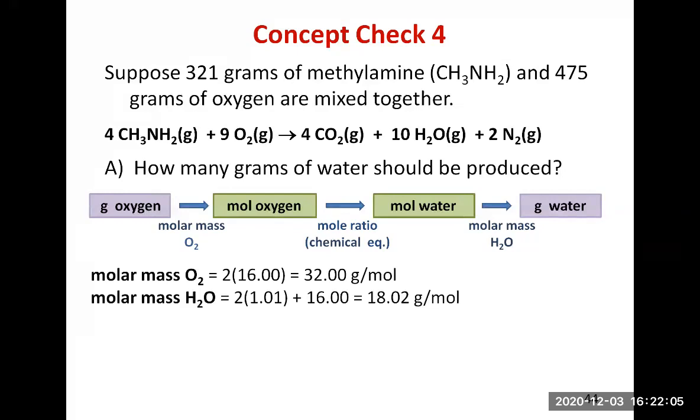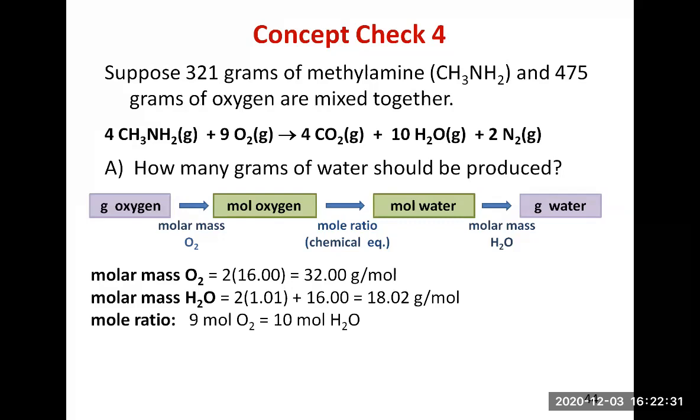Molar mass of water, we know already it's 18.02 grams per mole. And then the mole ratio. The mole ratio comes from the chemical equation coefficients. And here we can see that we are producing 10 moles of water from 9 moles of O2. So it's 9 moles of O2 equals 10 moles of water.